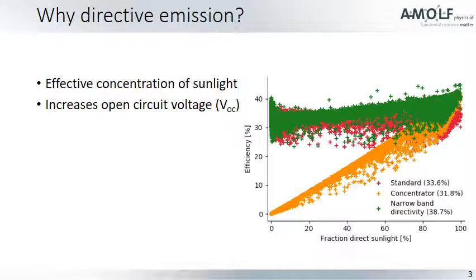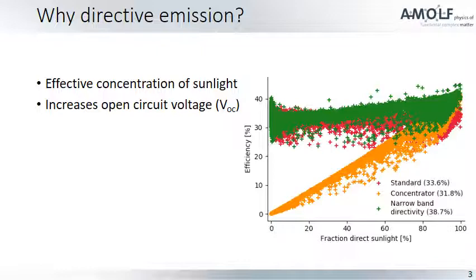First, why directive emission, and why do I talk about emission at all when talking about solar cells? This comes from the reciprocity, that any object that absorbs light also emits light. So to have a good absorber material for your solar cell, it should also emit light.